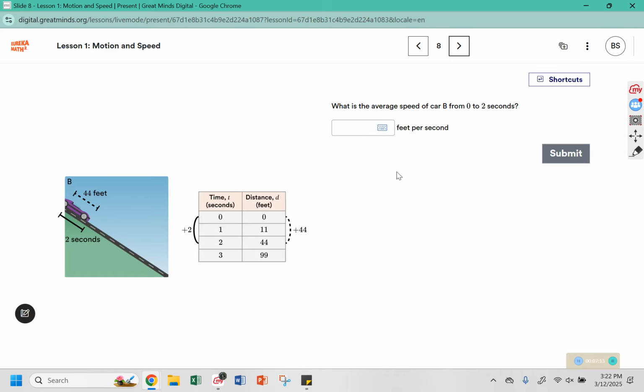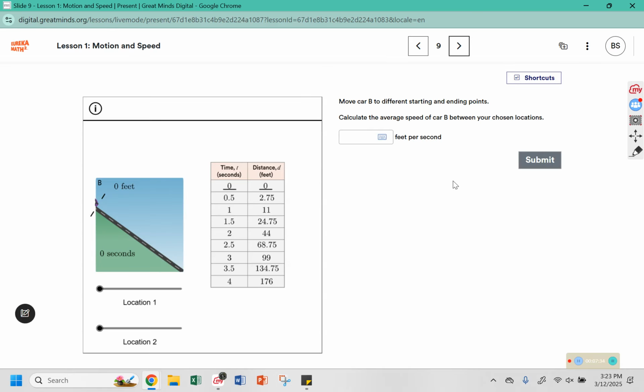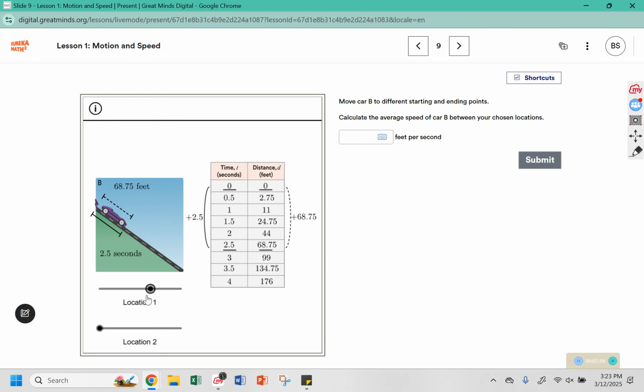What is the average speed of car B from 0 to 2 seconds? So from 0 to 44, that's a change of 44 feet in 2 seconds. 44 divided by 2 gives us an average speed of 22 feet per second. So it says move it to a new location.